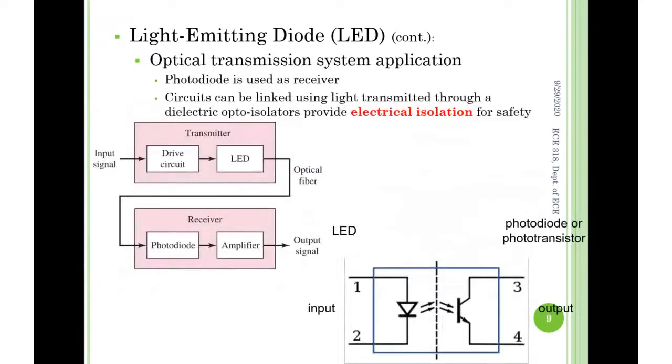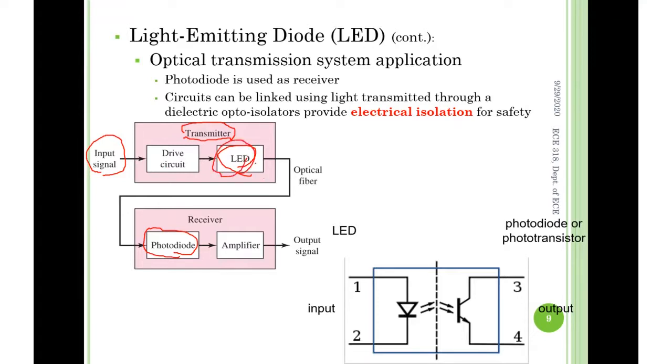Move on here. We learned the LED, and before that we learned the photodiode, and they both always appear in the same application, signal transmission, right? The input signal to be transmitted goes through the transmitter. The transmitter consists of the driver circuit, which is necessary in driving the LED.